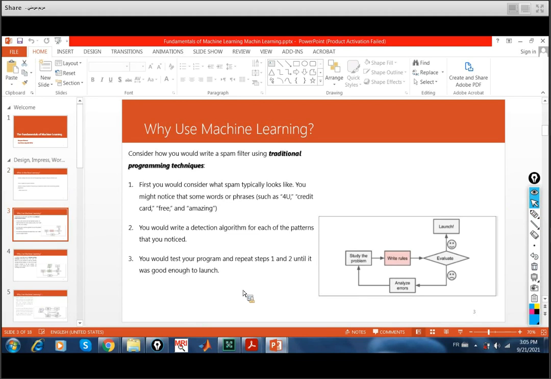In traditional programming techniques, for example, if we want to diagnose or recognize a spam email, we use a traditional programming technique. At first, we must know what spam emails are.